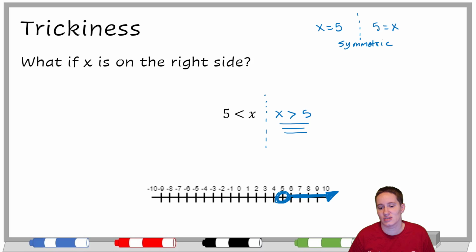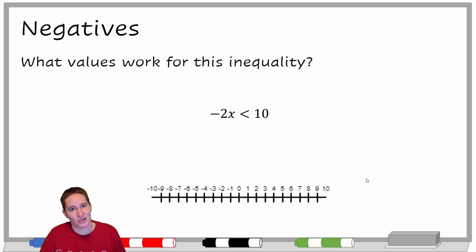That's one of the things that can be tricky about inequalities. The next thing that's tricky about inequalities is that there is an interaction with negative numbers that is not an issue with equations, but is an issue here. Let's think about what numbers work for this, okay? So if you put in, let's start easy, 0.